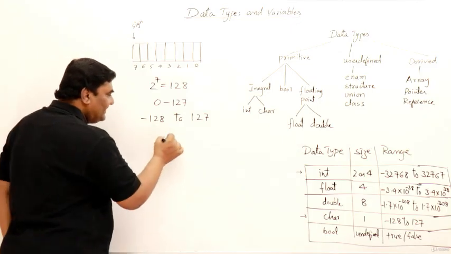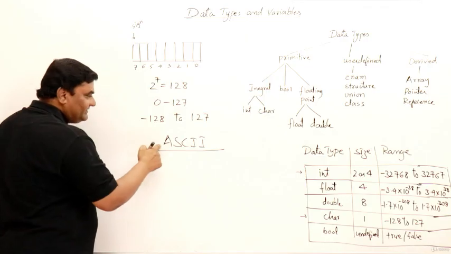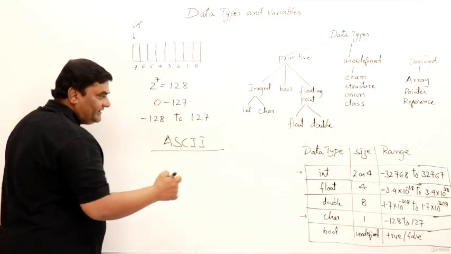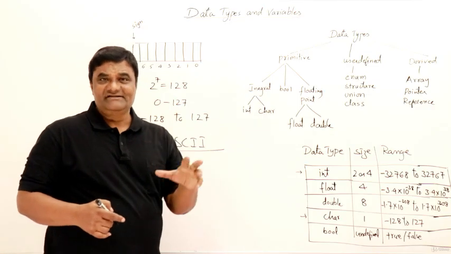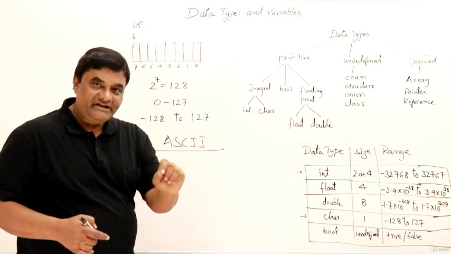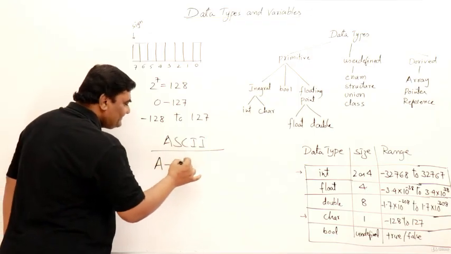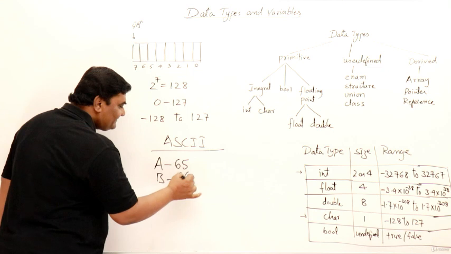The codes are called ASCII codes, American Standard Code for Information Interchange. So for every alphabet or every letter in English language as well as the special symbols, there is a code given. So what are those codes? Capital A is represented as 65, and then B is represented as 66.